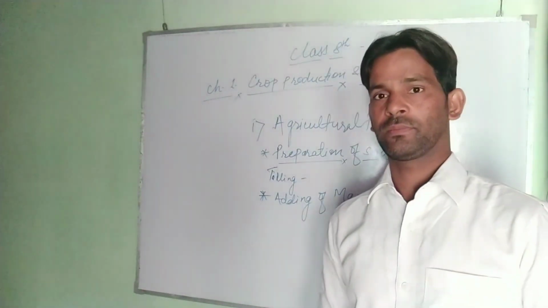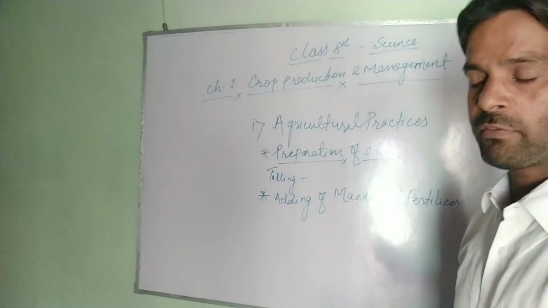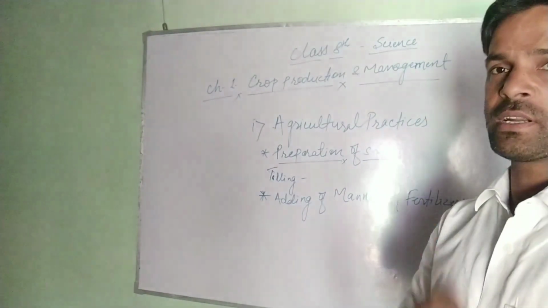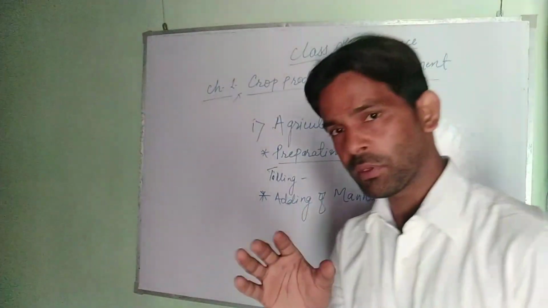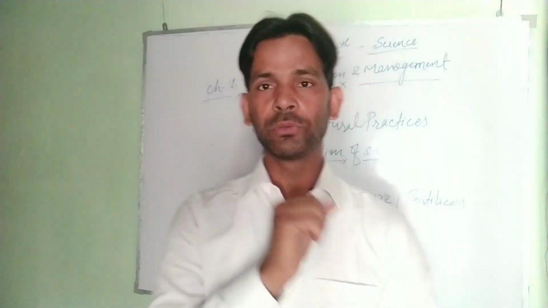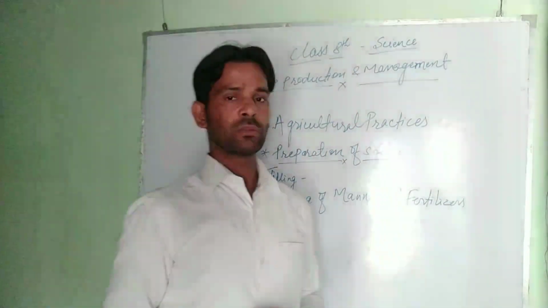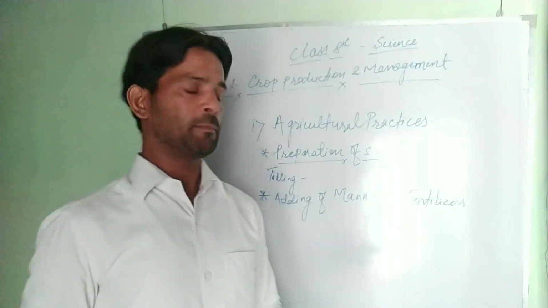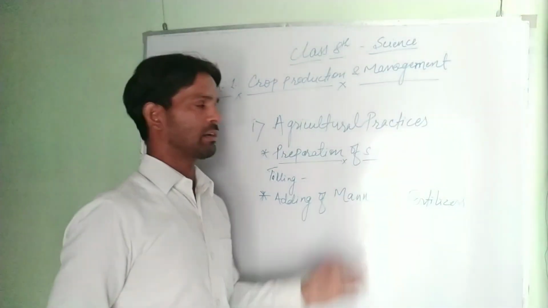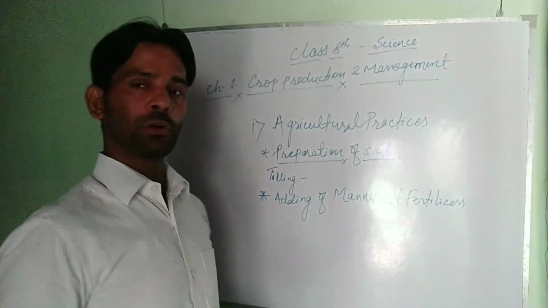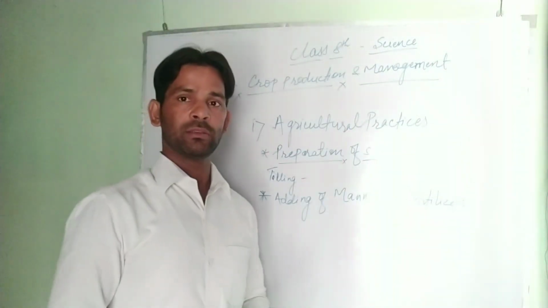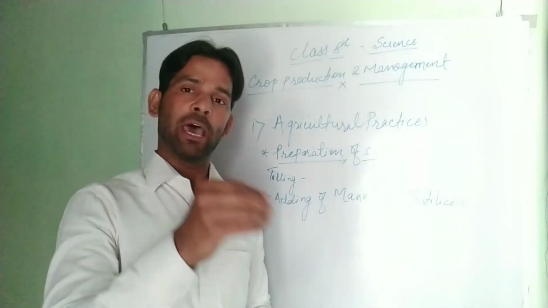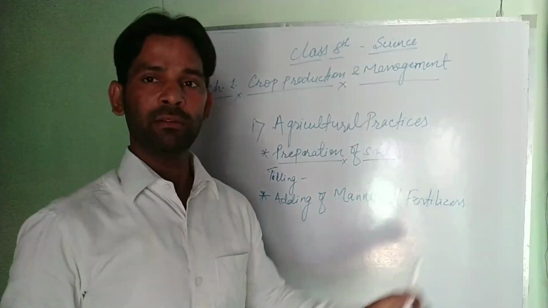Suppose there is a lack of manure or fertilizer, then a sufficient amount of grains cannot be grown or produced. Why? Because that particular type of soil does not have the same fertility rate as others. So for uniformity of crop production, we have to add some manure and fertilizers.